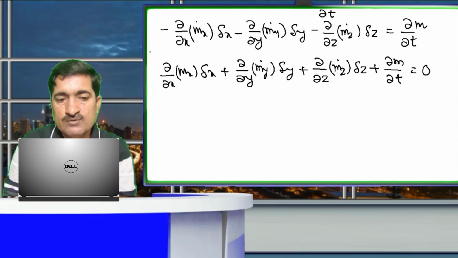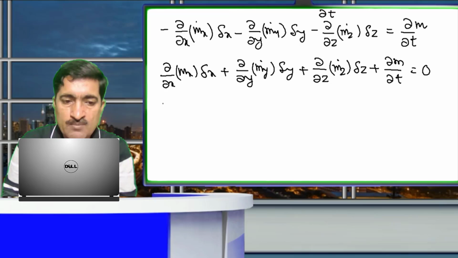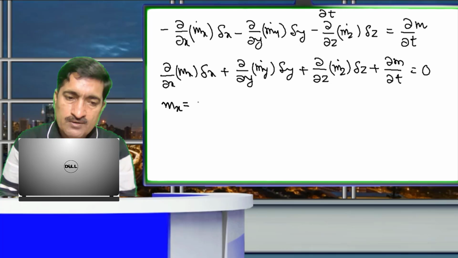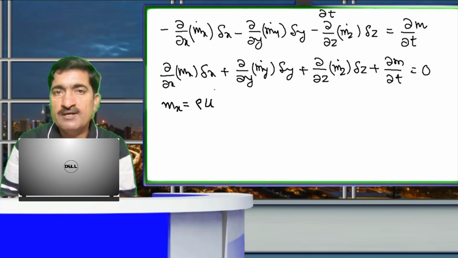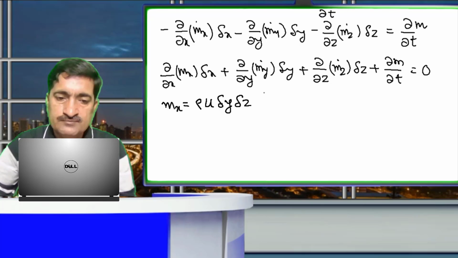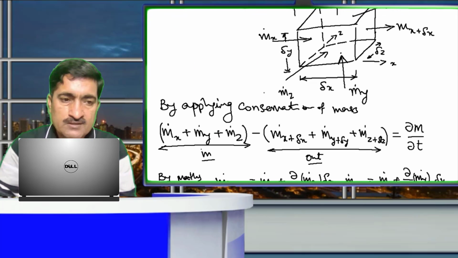Now substituting in the above equation, mx, the mass flow entering at one side face, is density into velocity in the x direction into area delta y into delta z. This is this area.